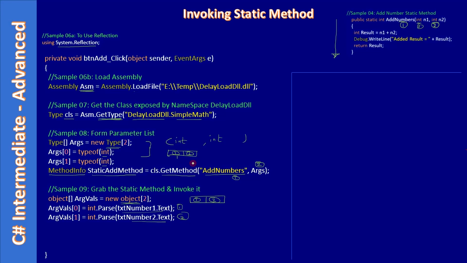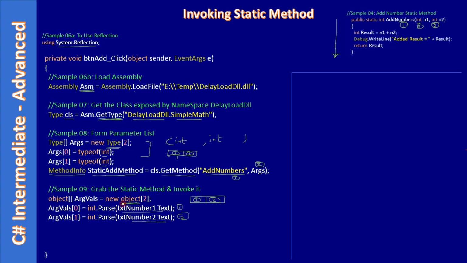Now everything is ready. We retrieved the correct method, and to make a call to it, we need to supply two values, because it expects integer 1 and integer 2. Using the object array, we supplied those values. When supplying the value, we take the input from the form and parse it as an integer.